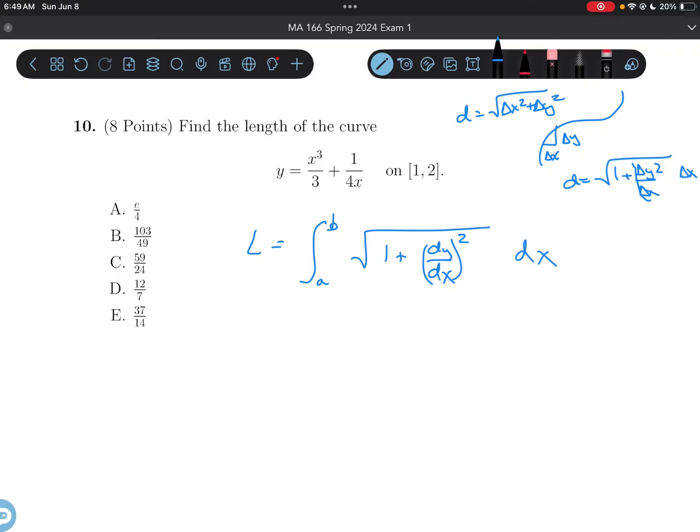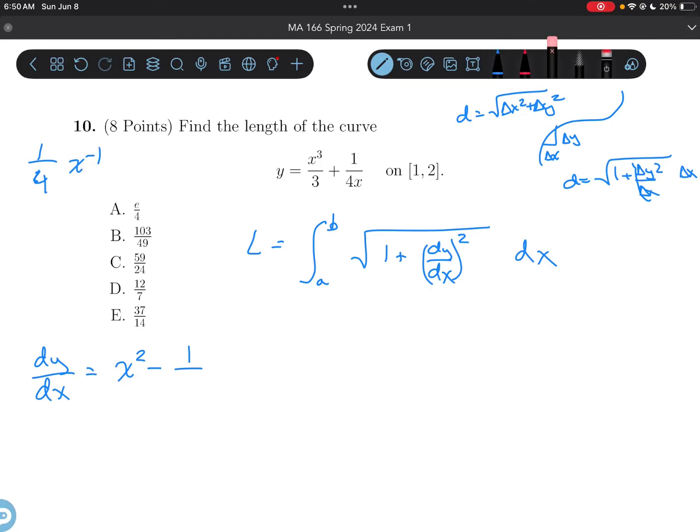So let's find dy dx. If we use the power rule, we get x squared minus 1 over 4x, because we can think of 1 over 4x as 1 over 4 times x to the power of negative 1. And I actually differentiated it wrong.